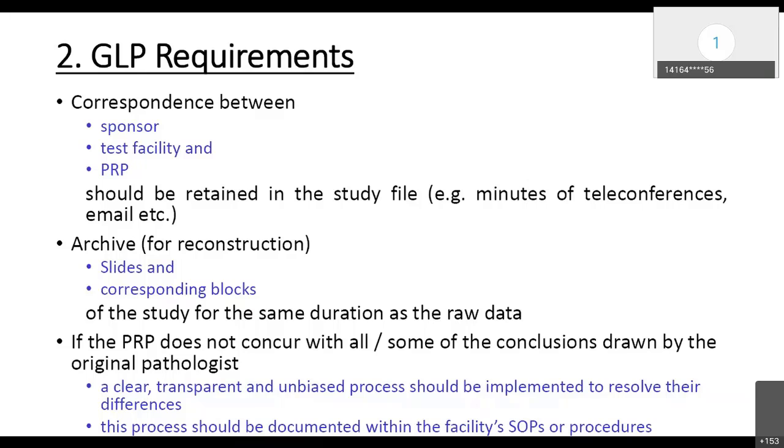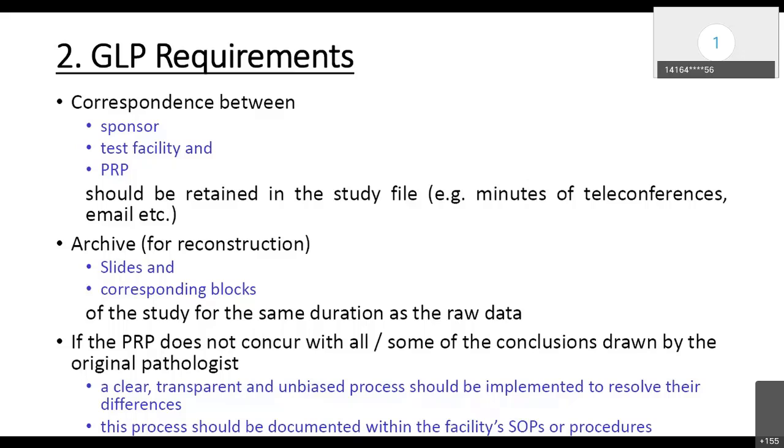Reconstruction here means that the experiment we have done, everything has been recorded, reported, and archived. So in case a query arises in future or in case of any further investigation, all the documents, including slides, blocks, and tissues, should be available for reconstructing the data that were generated during the study.